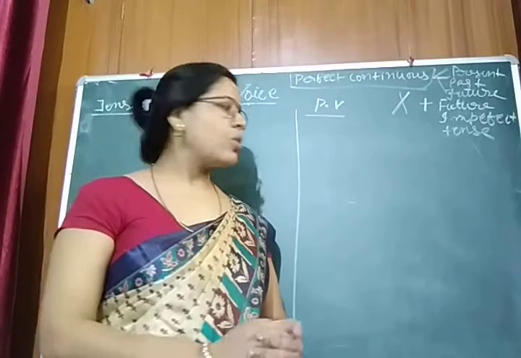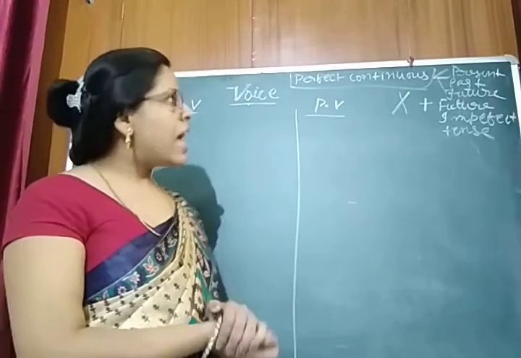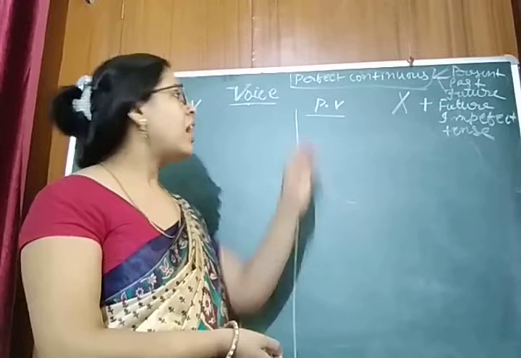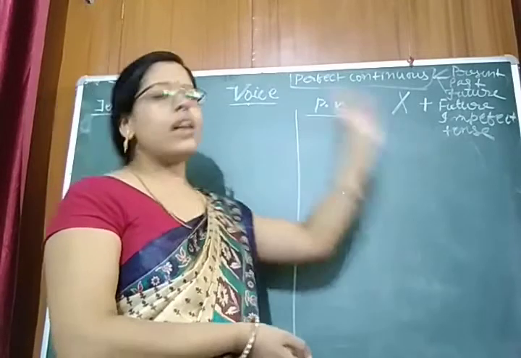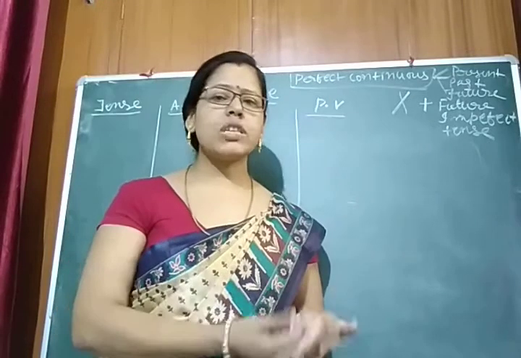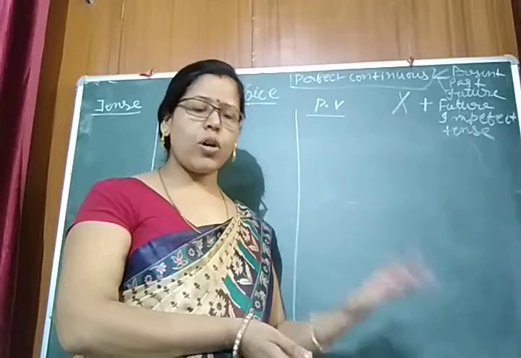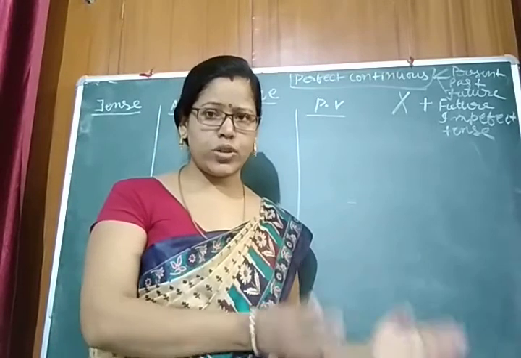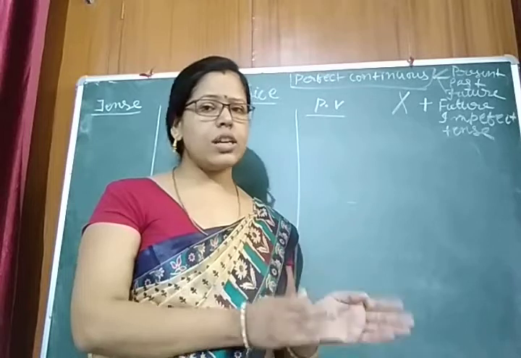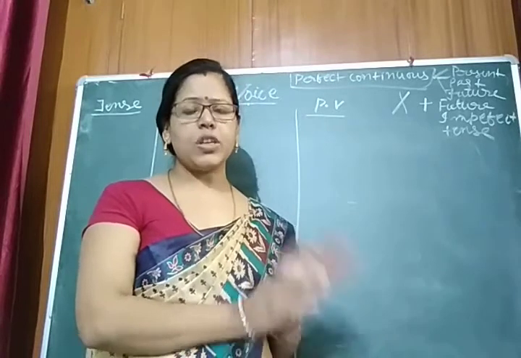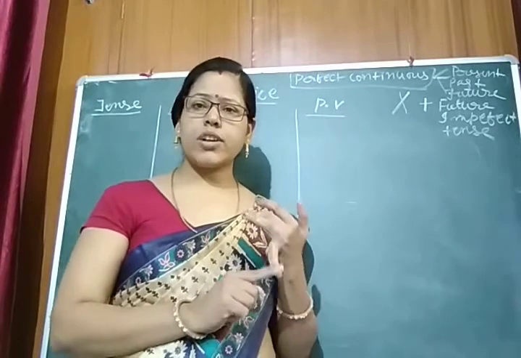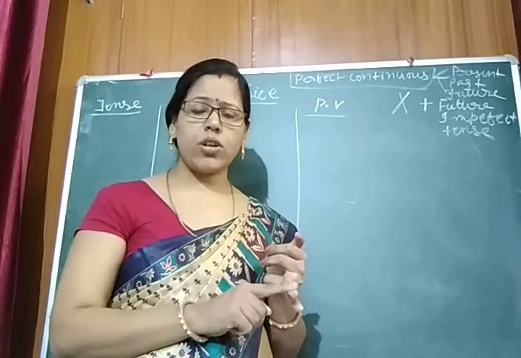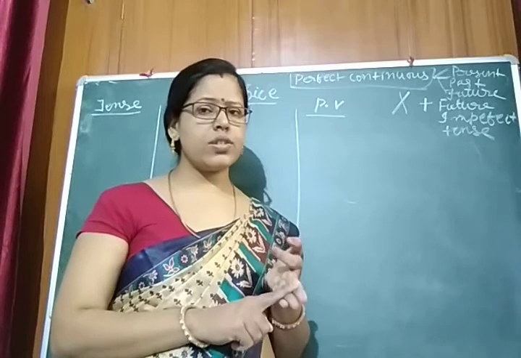The tenses which have been eliminated are the following. Like, we have the fourth type of tense in every tense. Like present tense, we have present perfect continuous tense. So all three perfect continuous tenses you have to remove: present perfect continuous tense, past perfect continuous tense, and future perfect continuous tense.